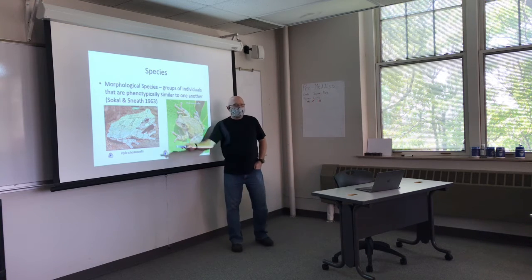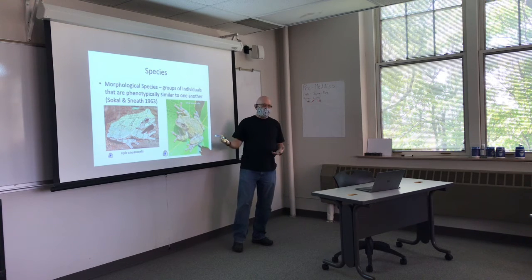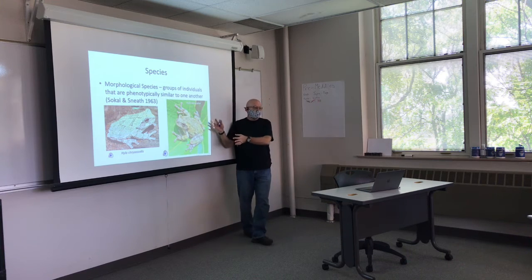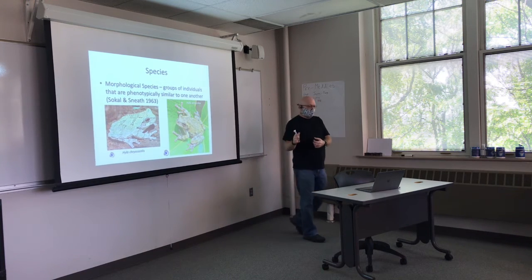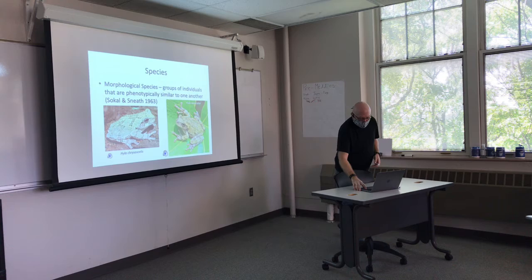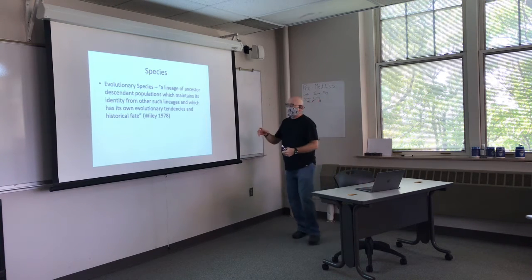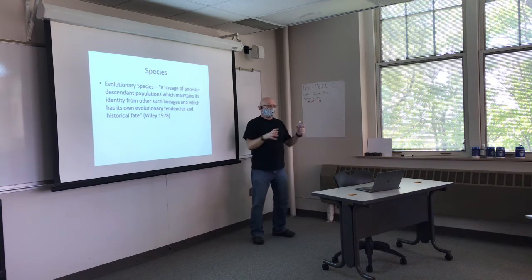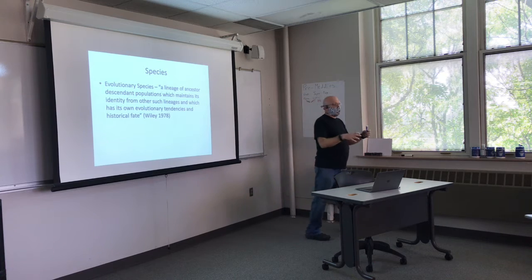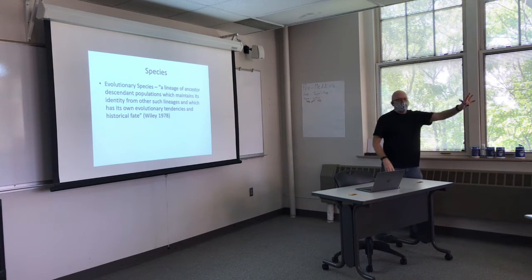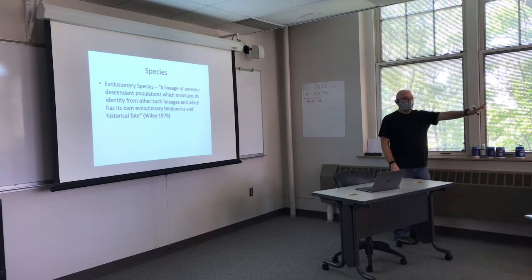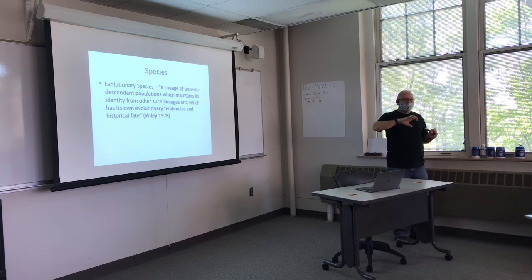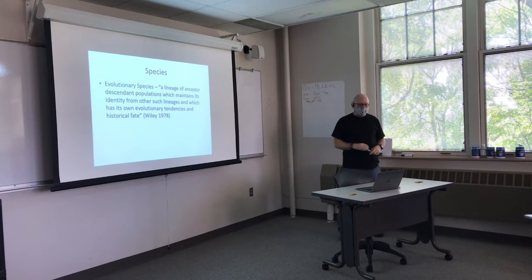So the morphological species concept would be actually terrible at telling these two species apart, because presumably these two species are on different evolutionary lineages. When this duplication of the genome occurred, one species went off on one lineage of tetraploid organisms, the other lineage went off on an evolutionary path of a diploid species.